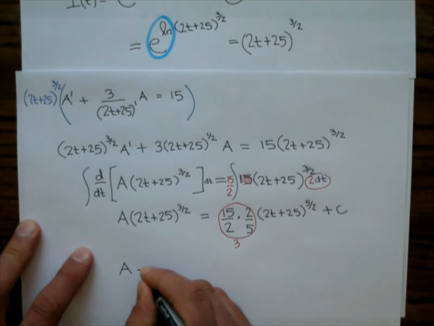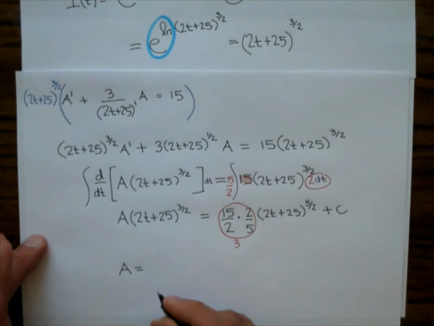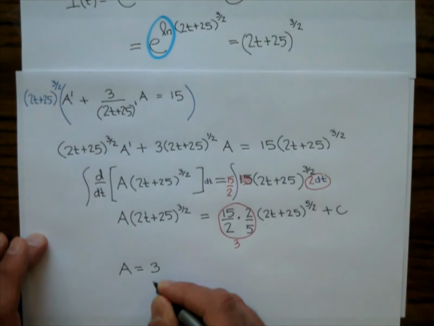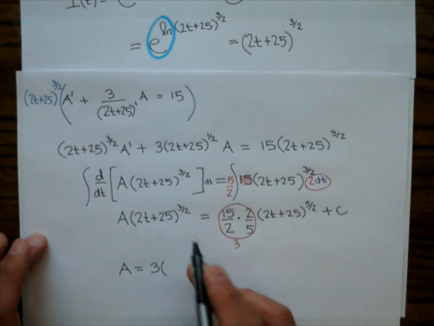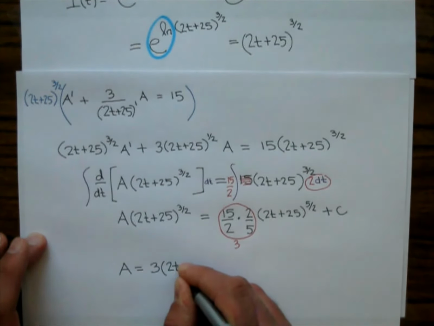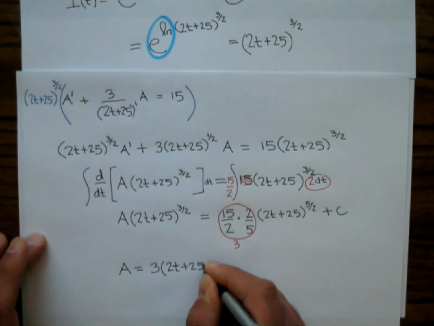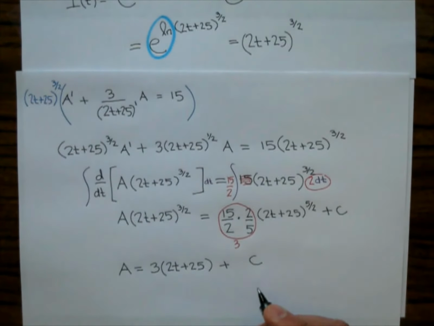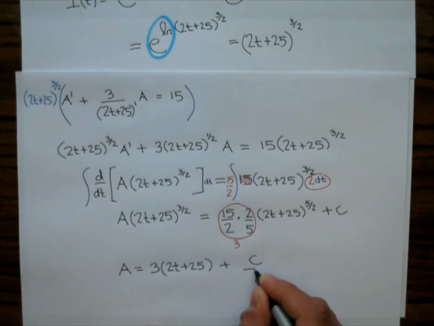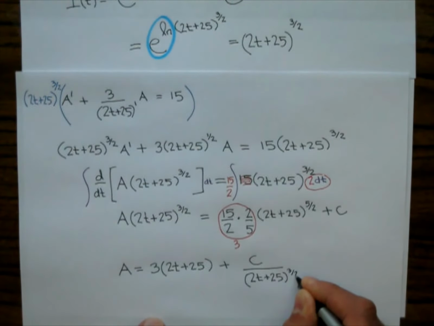I end up getting A equals 3 times 2t plus 25, since we have a 5/2 power on the top and a 3/2 power on the bottom, and then plus C over 2t plus 25 to the 3/2 power.